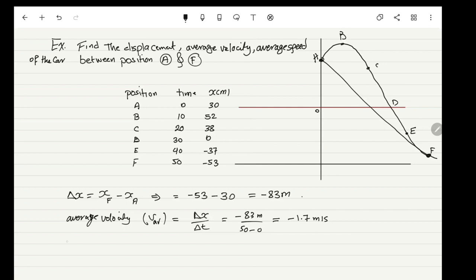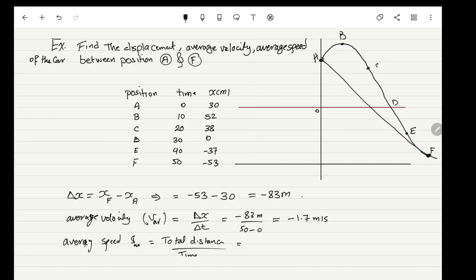Now to calculate the average speed, we need to know that average speed equals total distance over time. Actually, we cannot calculate total distance from this curve.